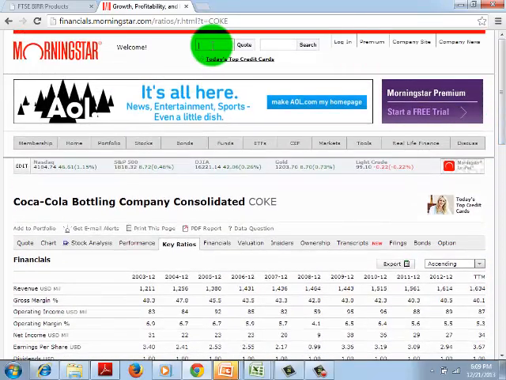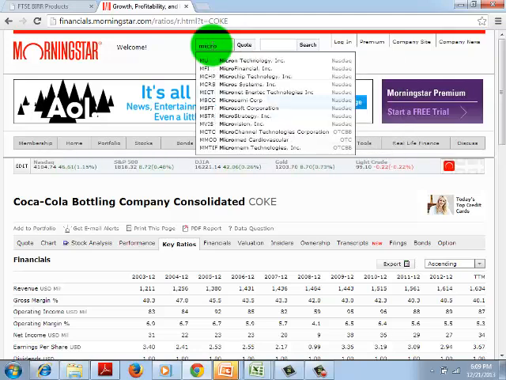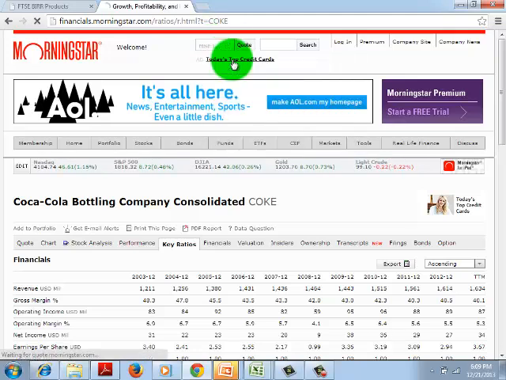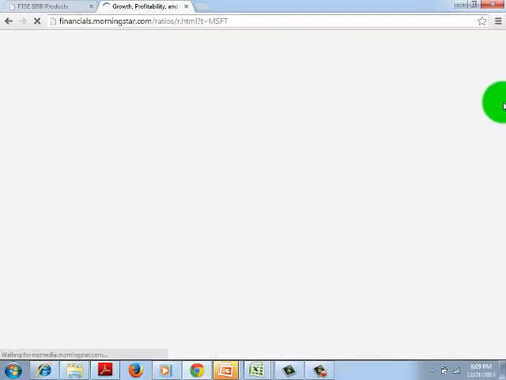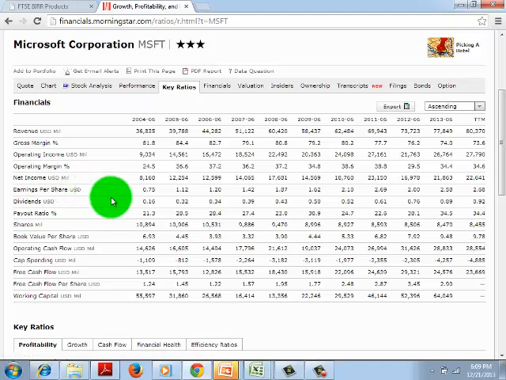Let's look at one more now. Microsoft on Nasdaq. Earnings 0.75, dividend 0.16, 0.32, 0.34.